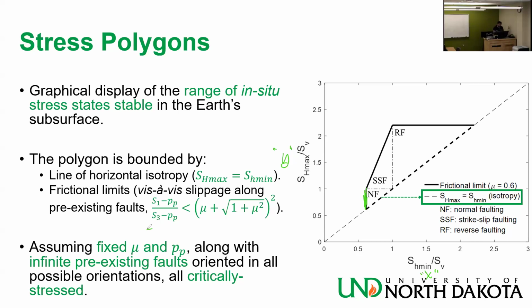And then we take this equation. We said for normal faulting, S1 is SV, and S3 is SH mean. We said that equals 3.12, which is this, at mu equals 0.6. And then we multiply.